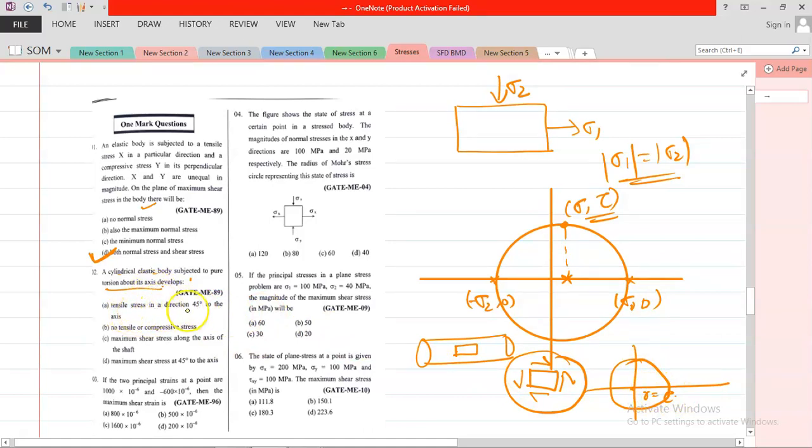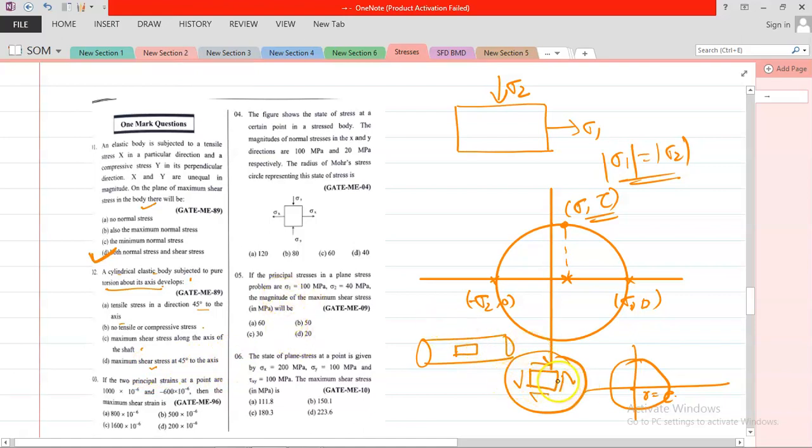tensile stress in a direction 45 degree to the axis, no tensile or compressive stress, maximum shear stress along the axis of the shaft, or maximum shear stress at 45 degree to the axis. So suppose this is your axis.